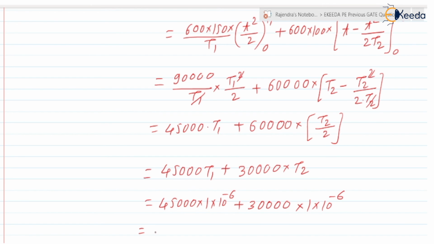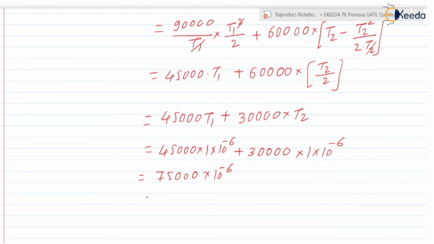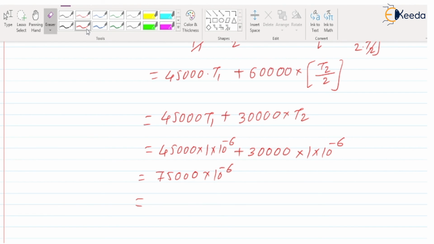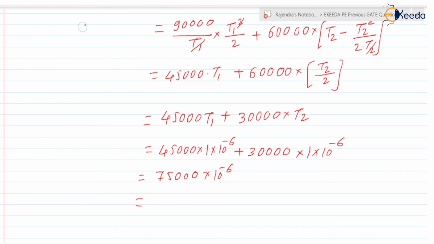So it is equal to 75,000 into 10 to the power minus 6. In millijoule it will be 75 millijoule, which is 75 into 10 to the power minus 3 joule.